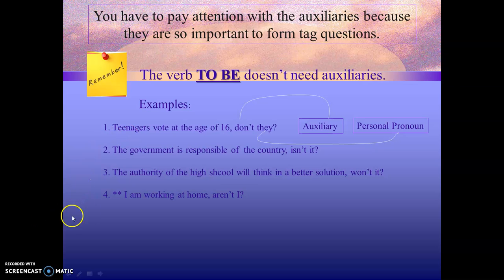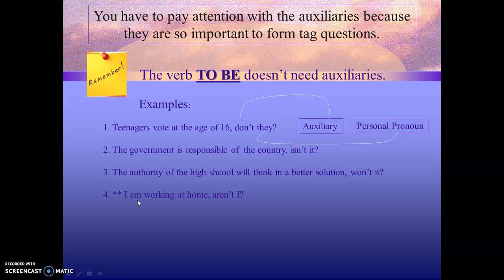But what happened in example number 4? When we have sentences with the first person and using the conjugation of the verb to be, in this case am, we have to use aren't in the tag question, okay? But only when we have this form, I am.